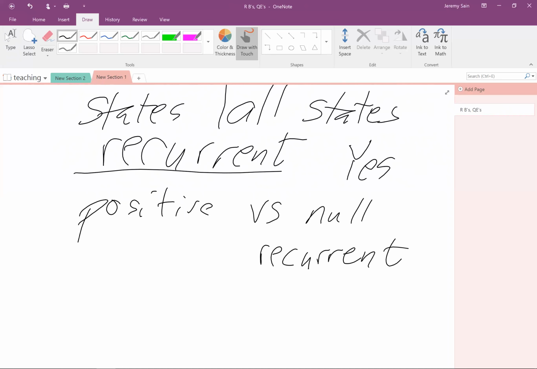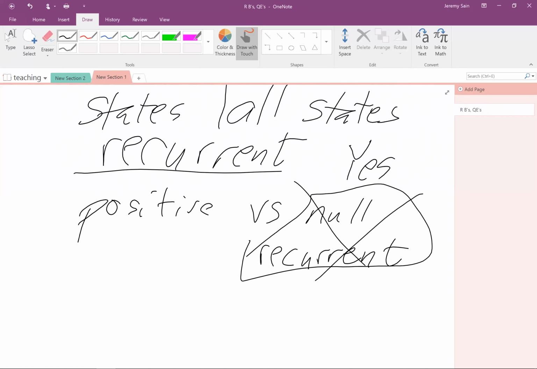Just because you get to the state with probability 1, the expected value for how long it takes you to get to the state could be infinite. And when that happens, it's called null recurrent. Since we only have finitely many states, there's no way.